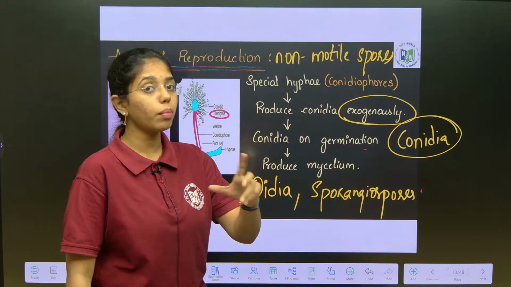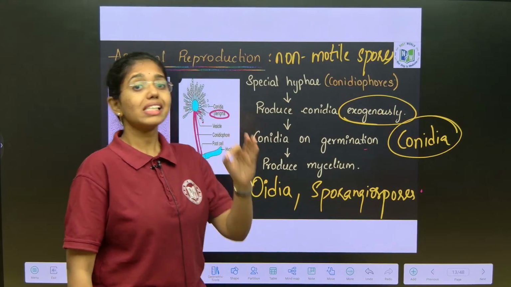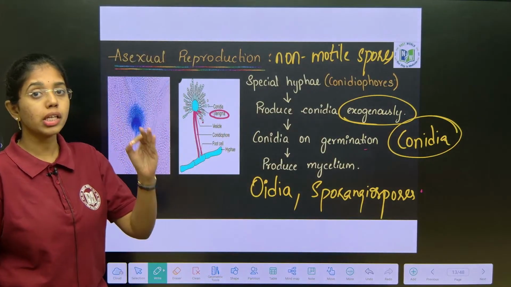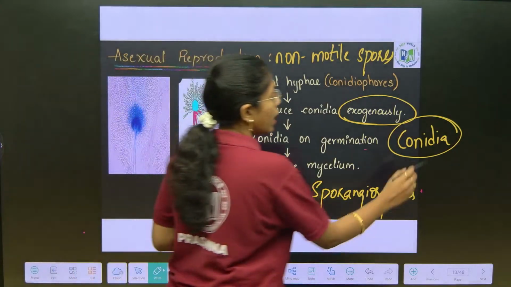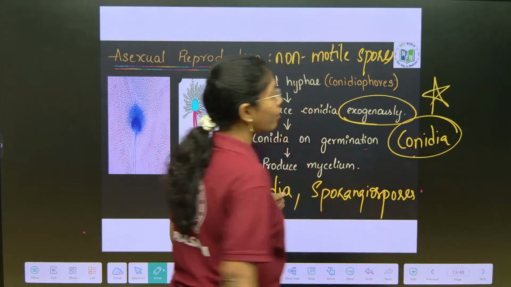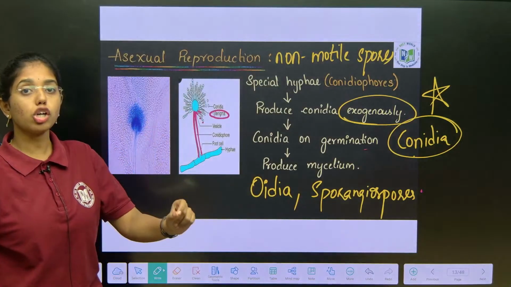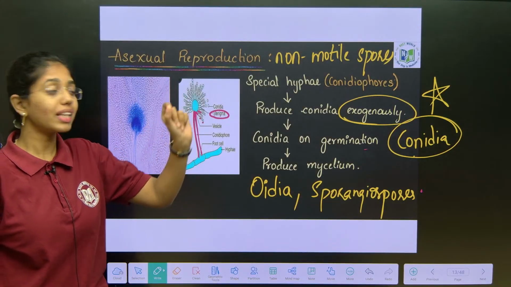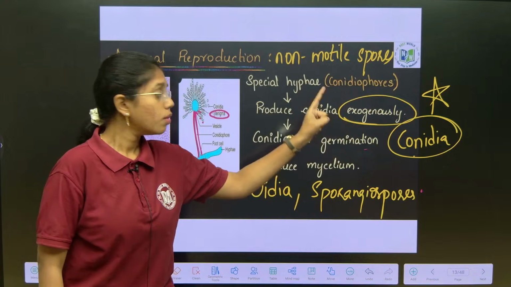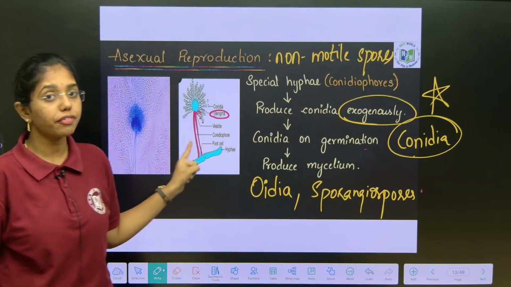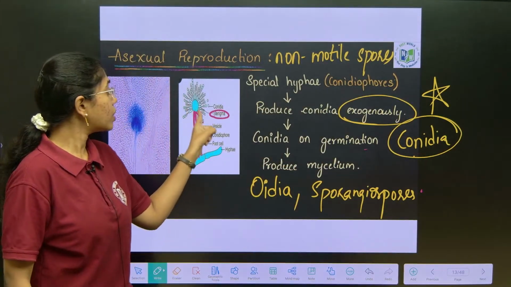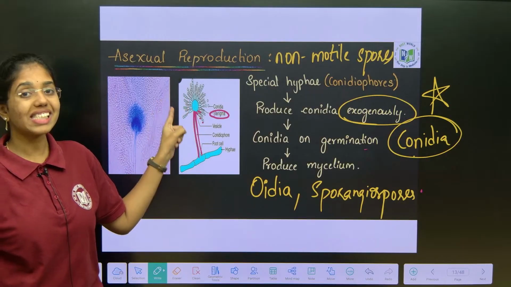You have to remember the spores for sure, beta. It is asked many times whether they are exogenously released or endogenously released. The fundamental thing to remember is that the exogenously released asexual spore in Ascomycetes is the conidia, which is produced from a specialized hyphae, the conidiophore, with structures called sterigmata.